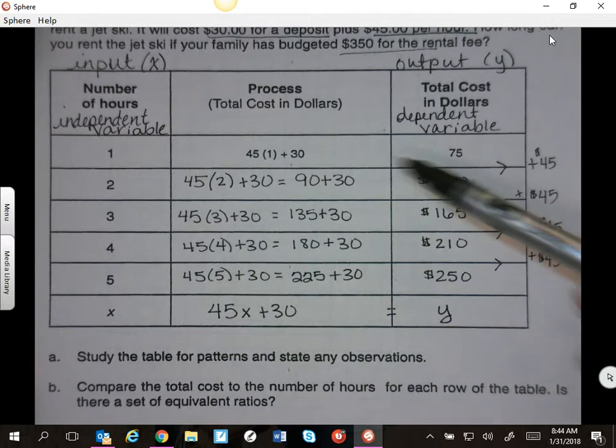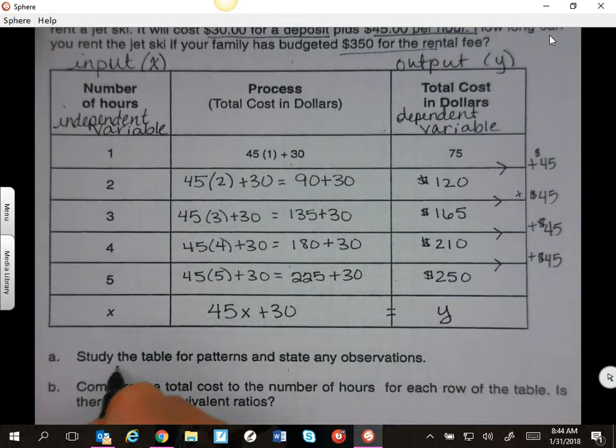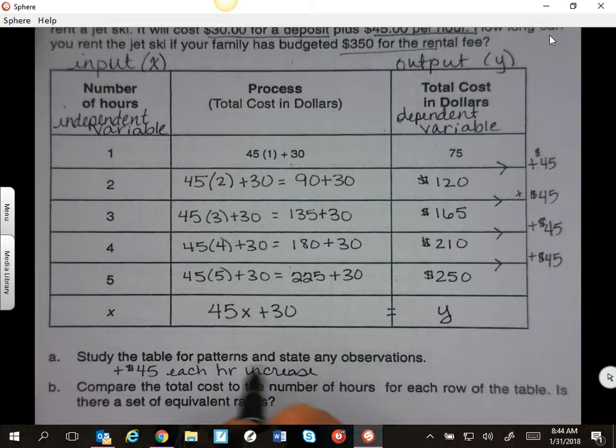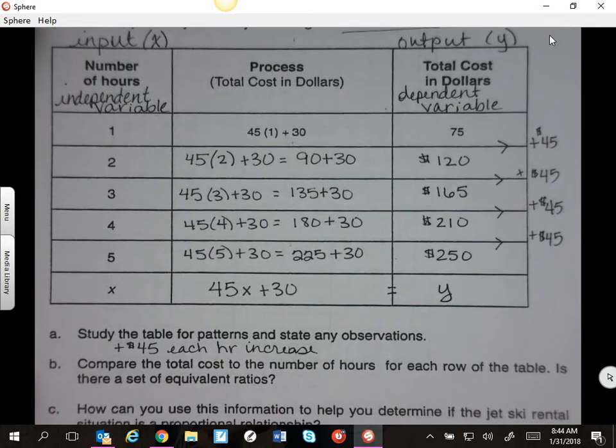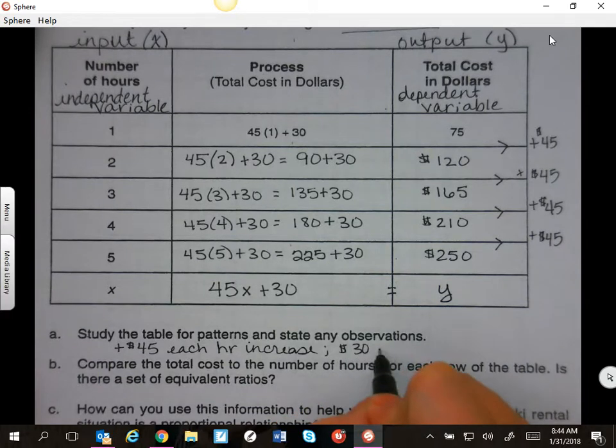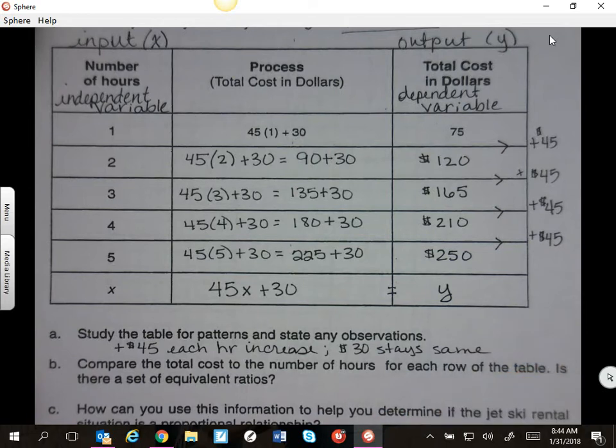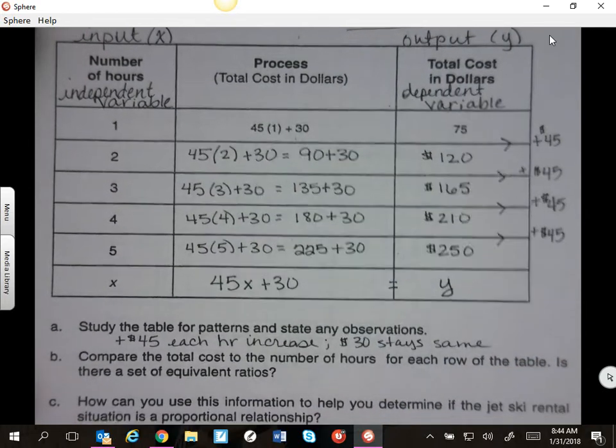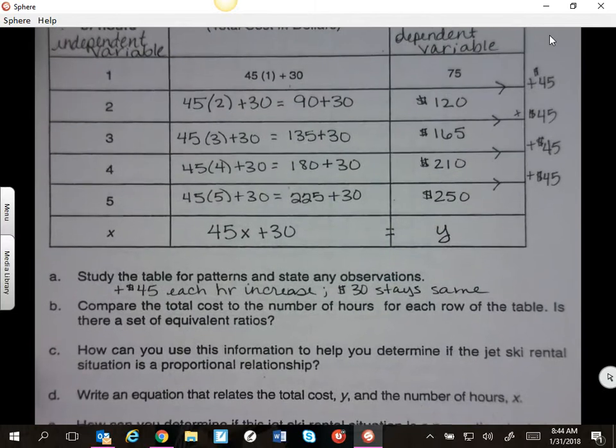We also can say, plus $45 each hour increase. We can say that the $30 stayed the same each time. We have a name for that. And you can write down any other patterns you might see.